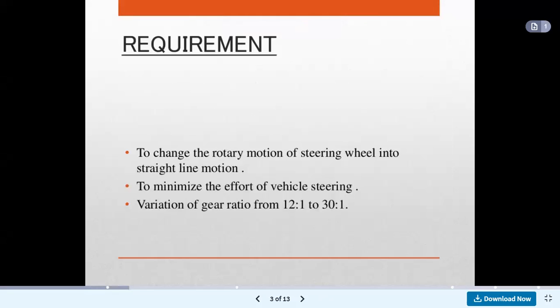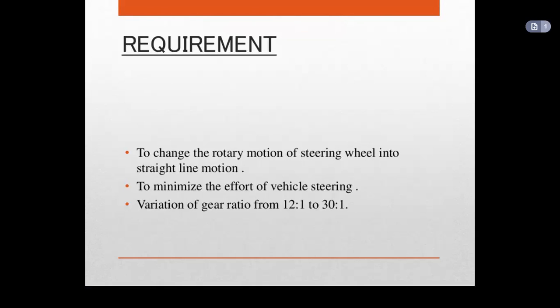Next, the steering gearbox changes the rotary motion of the steering wheel into straight line motion. When we turn the steering wheel, we move it in a rotary direction, but we want that motion converted into straight line motion.